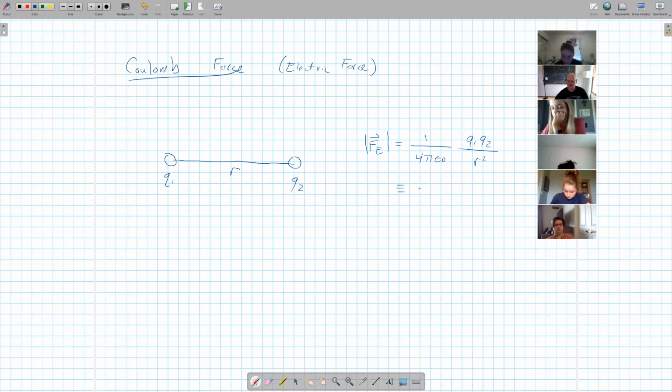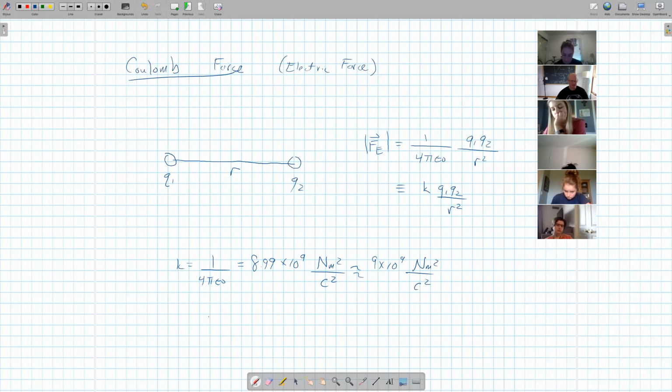We usually define this as K times Q1 Q2 divided by r squared, where K is equal to 1 over 4 pi epsilon naught, which is 8.99 times 10 to the 9th newton meters squared per coulomb squared. For us, we're just going to call it 9 times 10 to the 9th newton meters squared per coulomb squared.